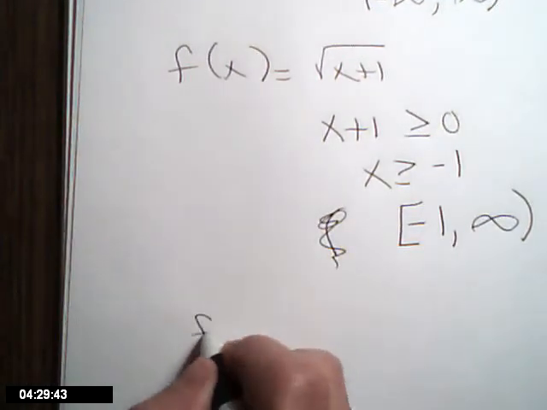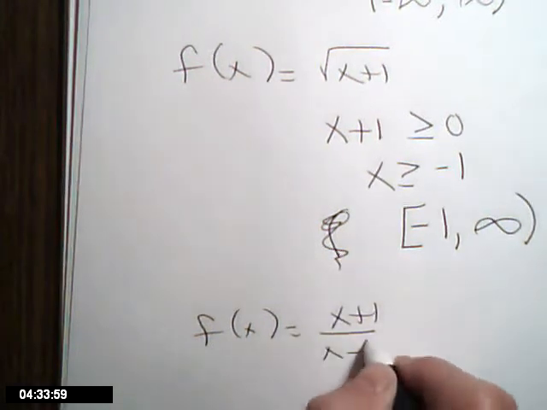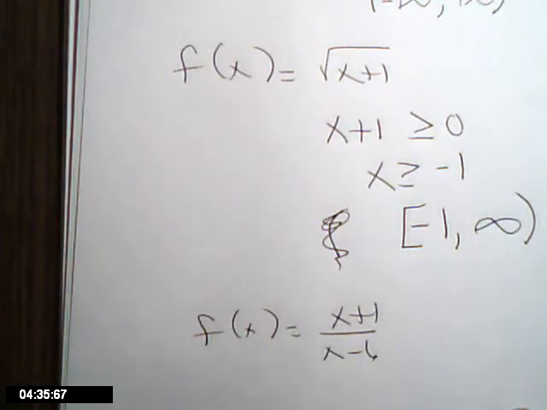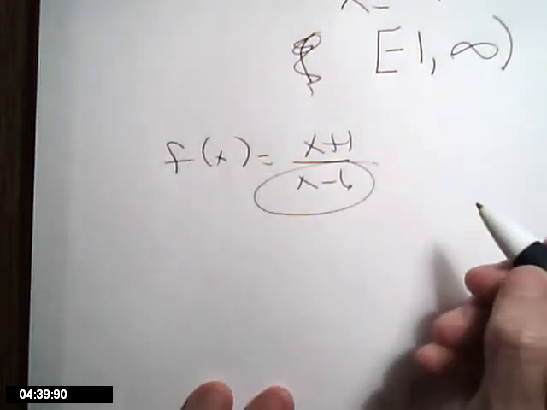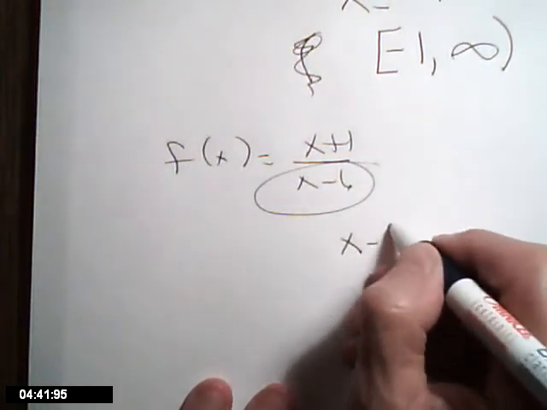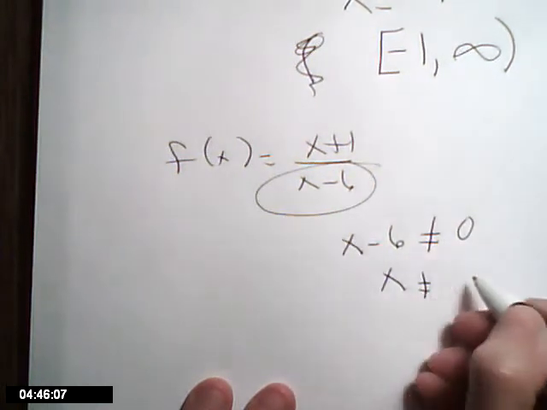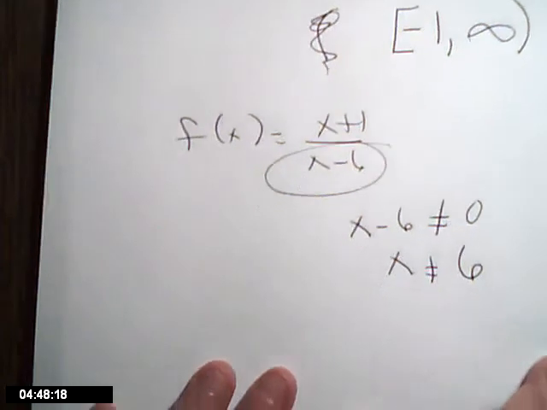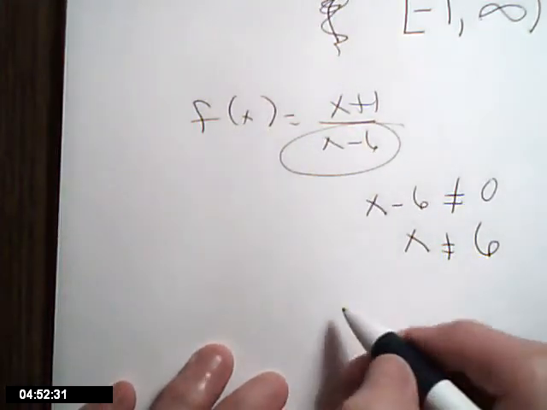The next one would be f of x equals x plus 1 over x minus 6. Right off the bat, you see, hey, I have a fraction. Now remember, with a fraction, it's the denominator that's my problem. So you take the denominator, set it not equal to 0, and simplify. So x cannot be 6. Now, how do I write that in interval notation?